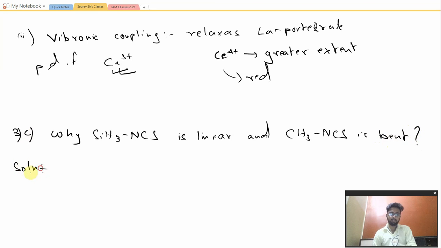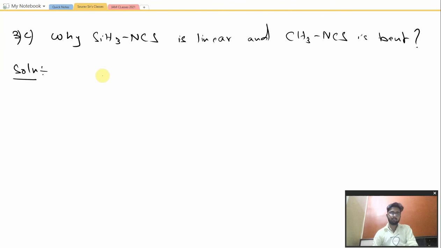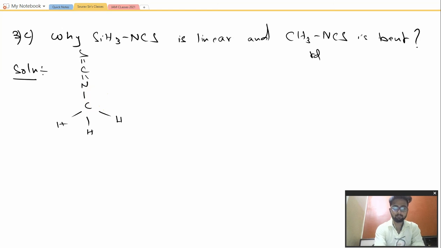For the explanation of this answer, we need to draw the structures of both the compounds. I'll be starting from CH3NCS. Basically, this is a tetrahedral species, so we'll draw the species in the form of a tetrahedron. This is the basic representation of N double bond C double bond S, the exact configuration of how this works.